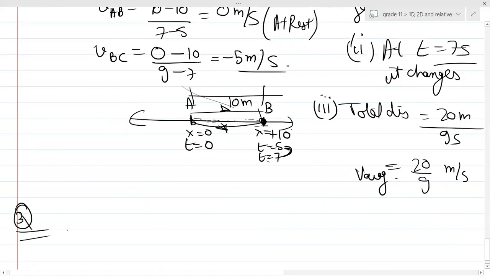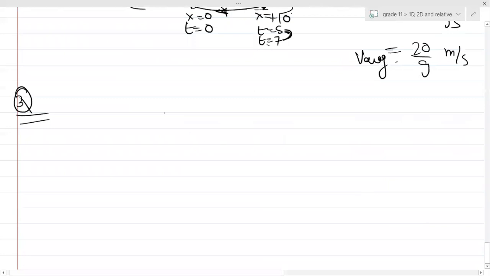Now a question for homework. I'll give you one more graph, position time graph only, but a little bit complicated. The simple one we generally do in class, and the complex one is for homework. So, x-t.